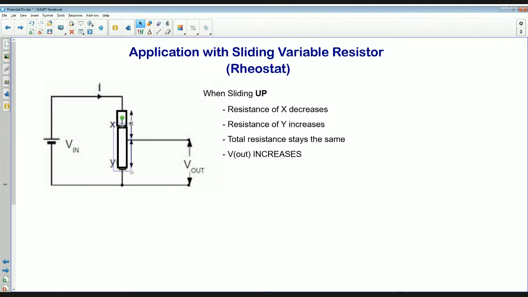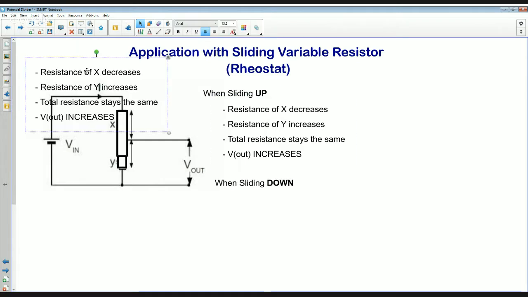Now what happens if we slide down? So now if Y were to be shorter, and we had X being longer, then this is actually what happens when it slides down.